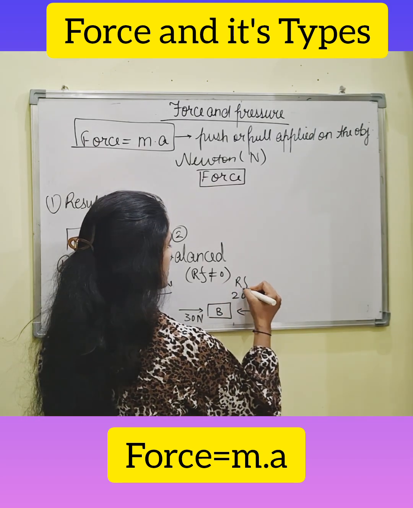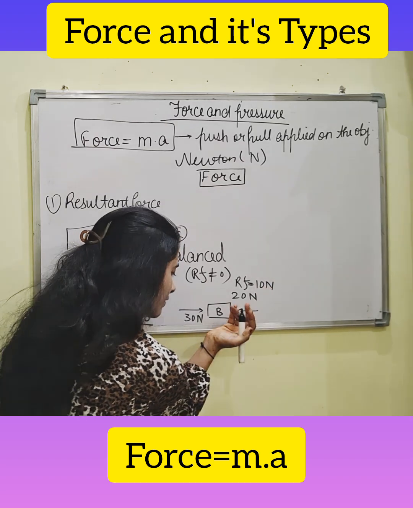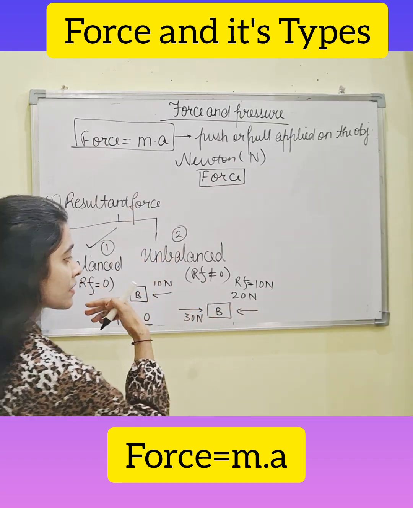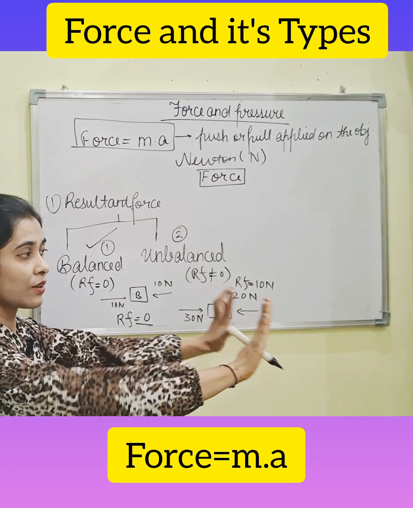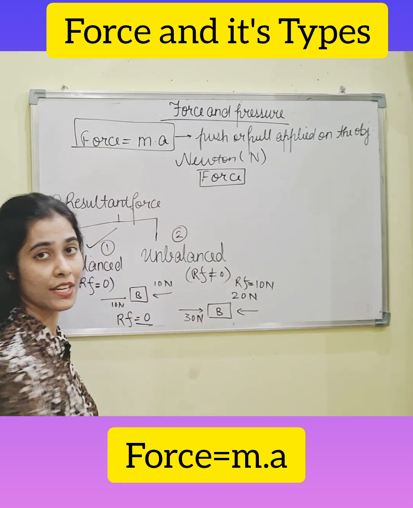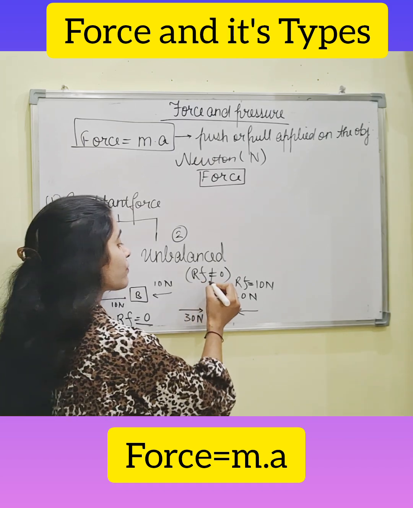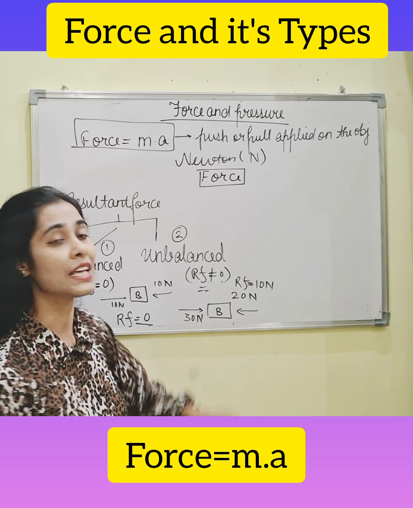So the resultant force is coming as 10 Newton. The body will move in this direction, because the force of 30 Newton is applied in this direction. So here the resultant force is not equal to 0. So this is a type of unbalanced force.